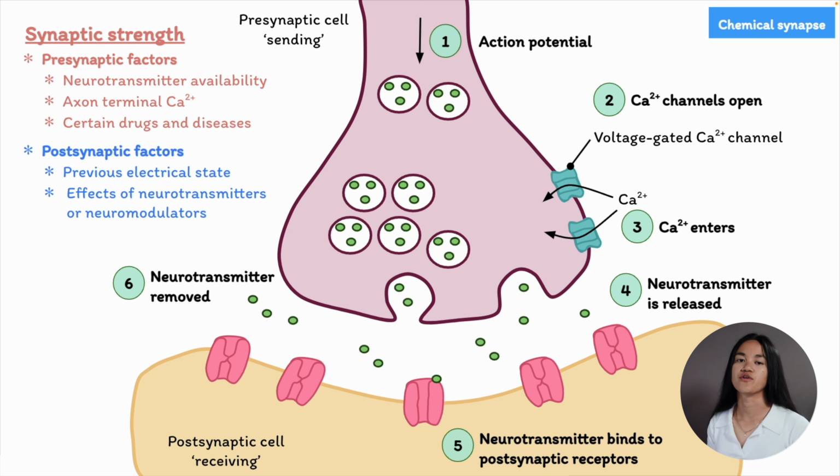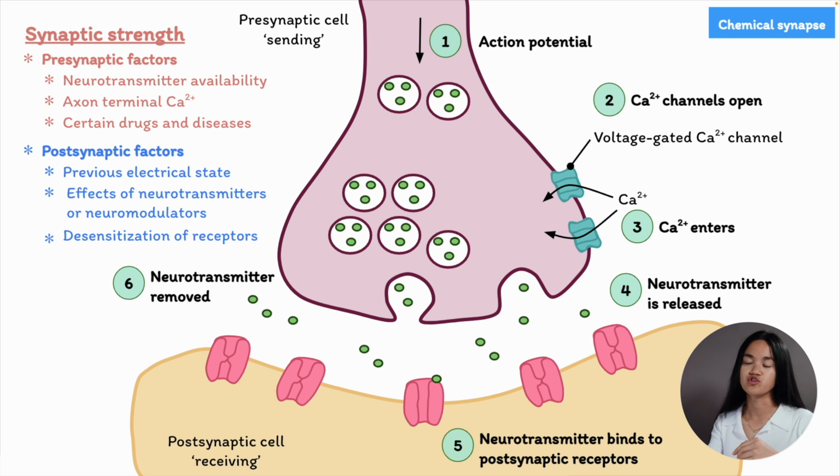This can lead to what's known as receptor desensitization, where a receptor initially responds normally when exposed to a neurotransmitter, but eventually stops responding despite the neurotransmitter still being present. This is part of the reason why drug abusers sometimes develop a tolerance to drugs that increase specific neurotransmitters, forcing them to take higher dosages of the drug to get the desired effects.